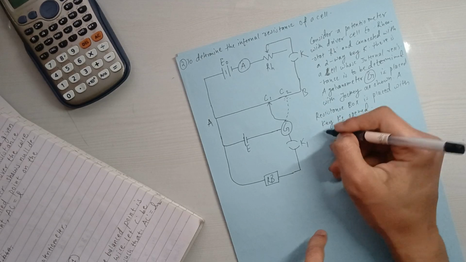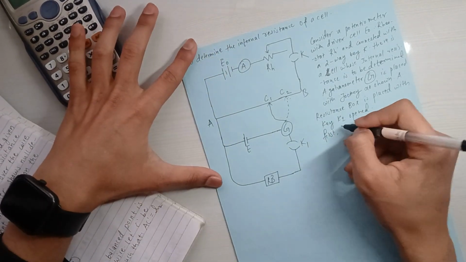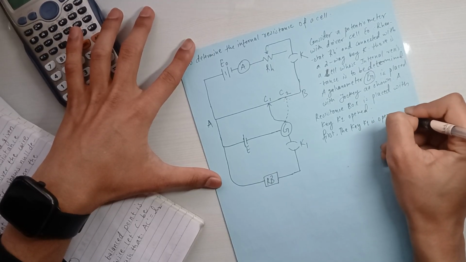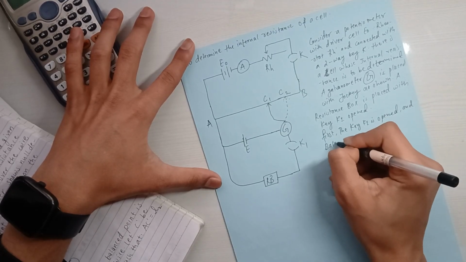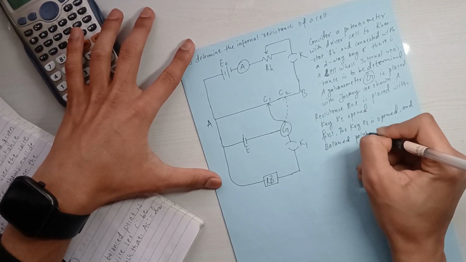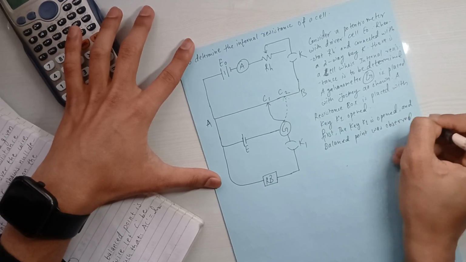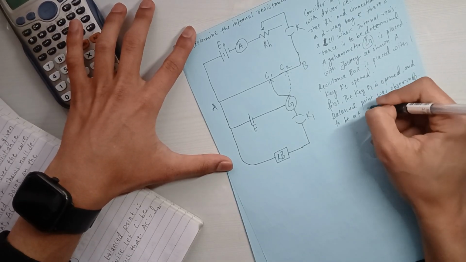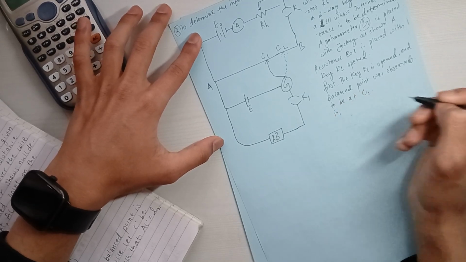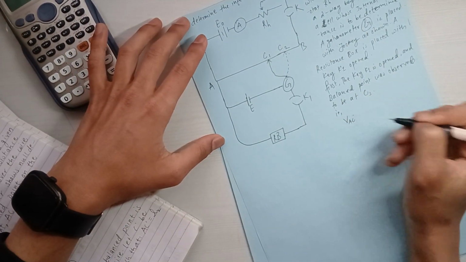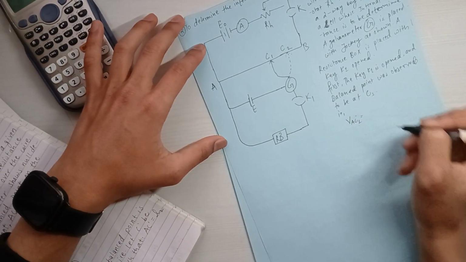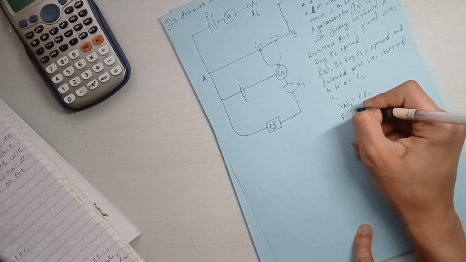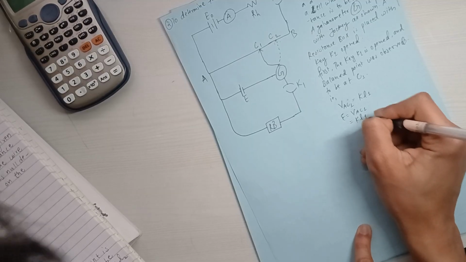Now first the key K1 is opened and the balanced point was observed to be at C1, that is VAC1 was equal to KL1, and E now will be equal to VAC1, which will be equal to KL1. This is equation 1.